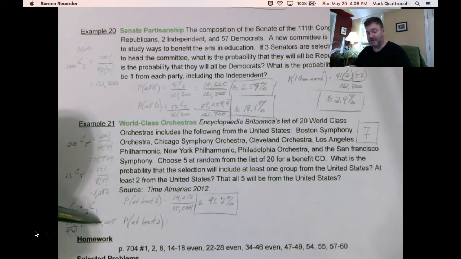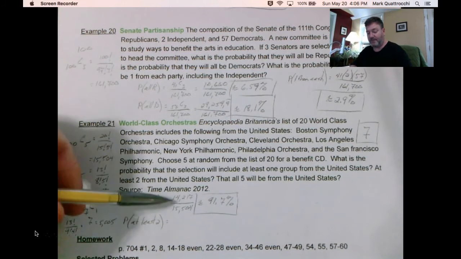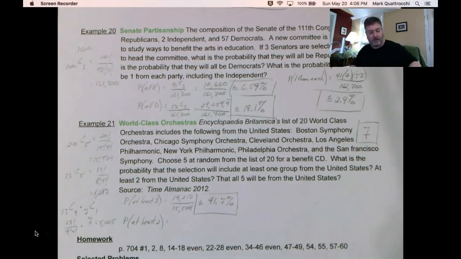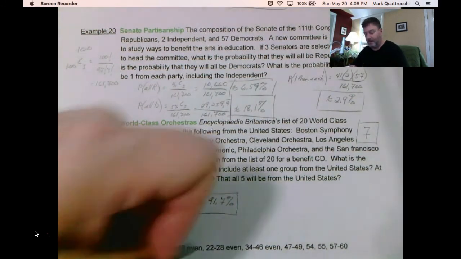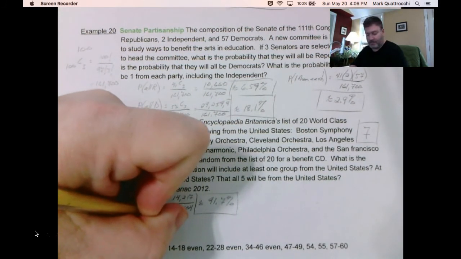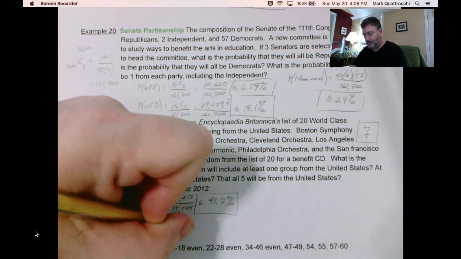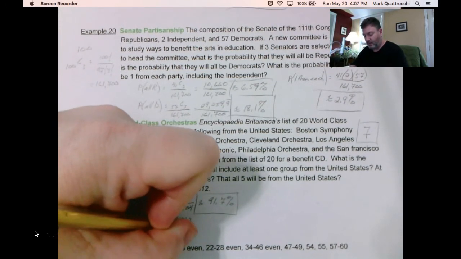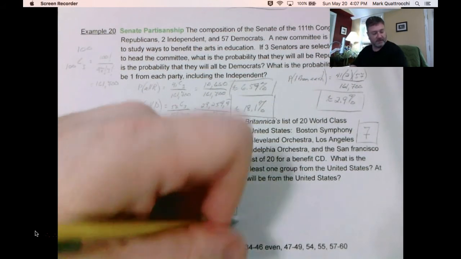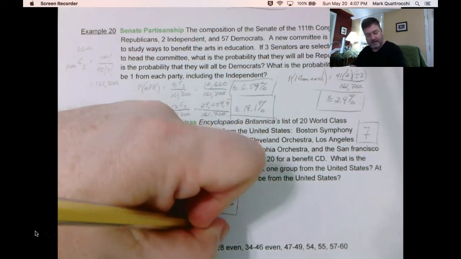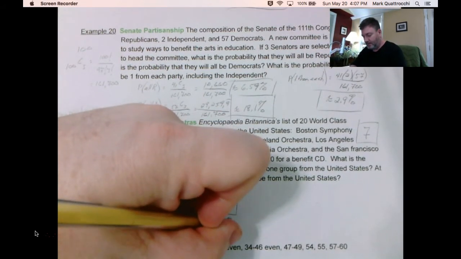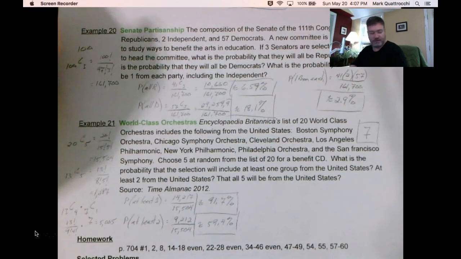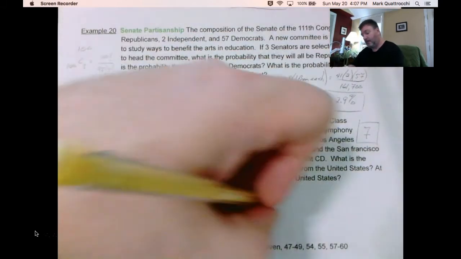If we subtract an additional 5,005 from this, we are now at 9,212 out of the 15,504, or approximately 59.4% chance that at least 2 are from the United States.